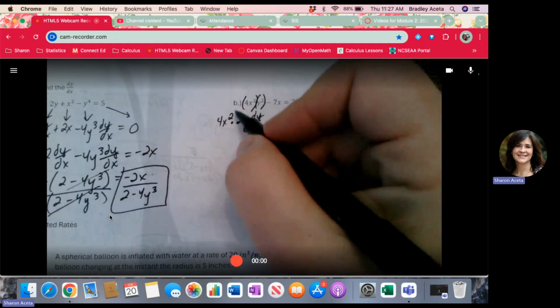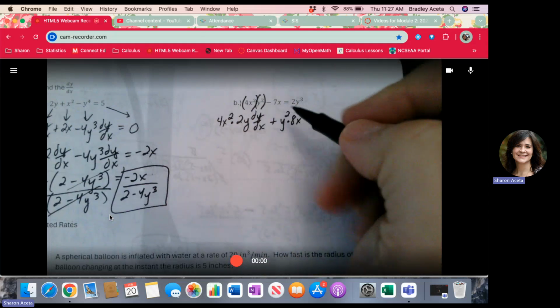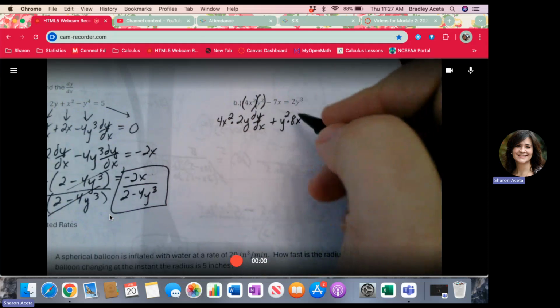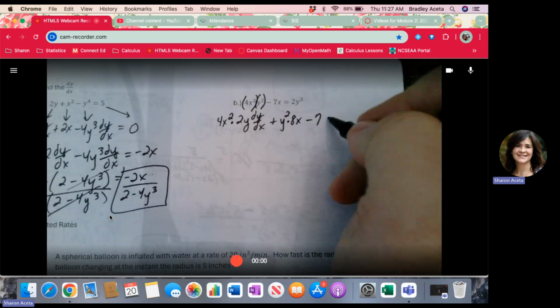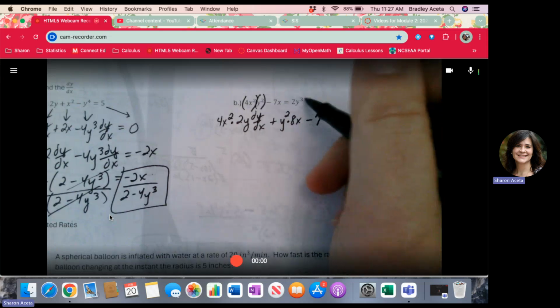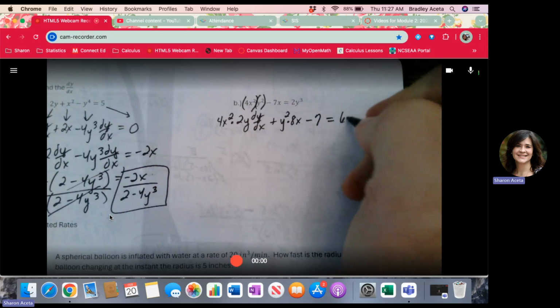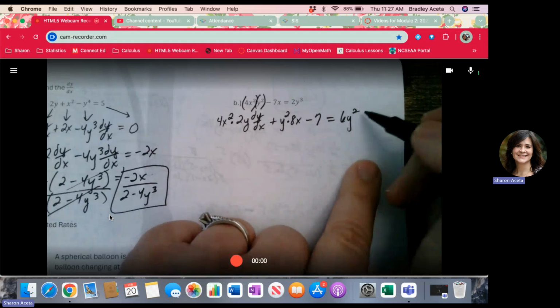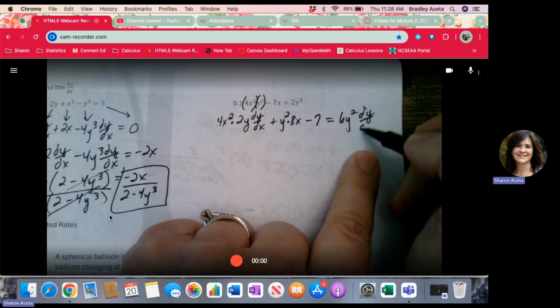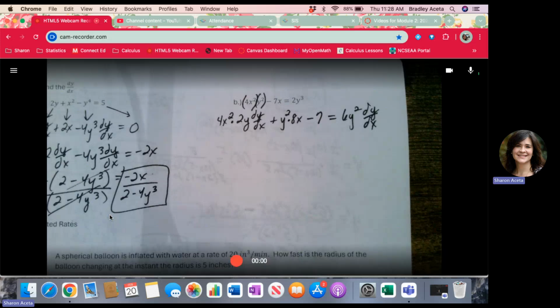And that's the derivative of that. And now I'm going to take the derivative of minus 7x, which would just be minus 7, equals, and now I'm going to take the derivative of the right side, which would be 6y squared, since I took a derivative of y squared, I have to add a dy/dx.